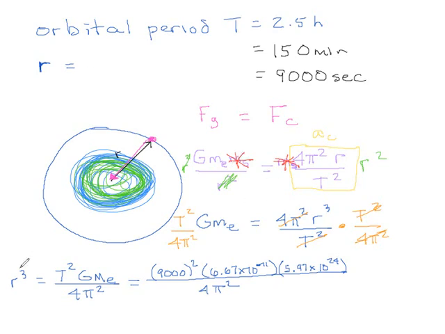So what that gets me is r cubed is 8.17 times 10 to the 20. But we don't want r cubed, we want plain old r. If you want to uncube something, you have to cube root it.